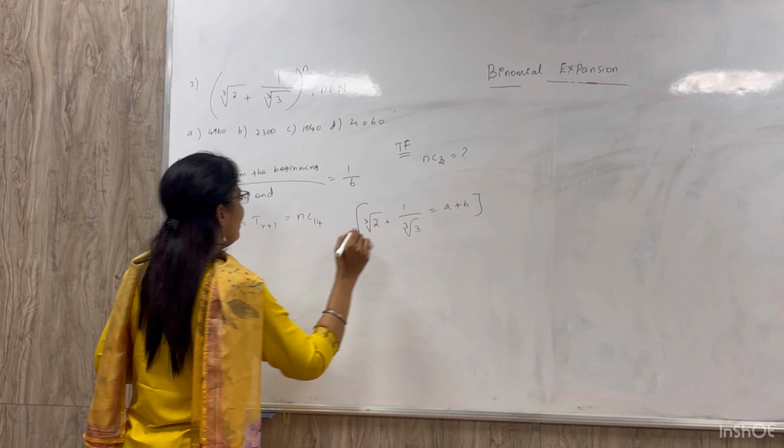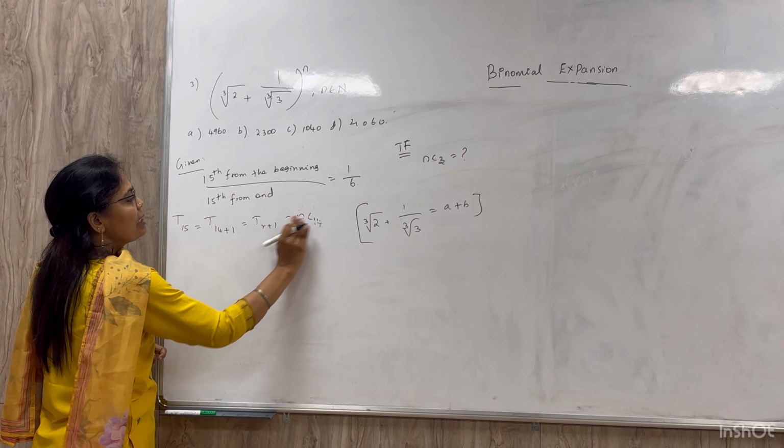Now T(r+1) is nC14 a to the power n minus 14 into b to the power 14. This is the term from the beginning.